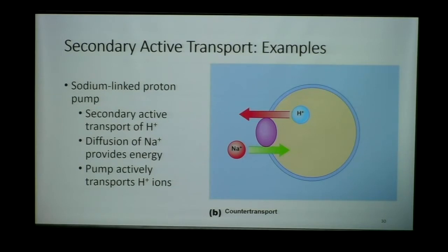And now in this example, the sodium-linked proton pump, because the movement is happening in 2 different directions, we sometimes call this counter-transport. Okay, counter-transport. So don't get too confused with the terminology. Co-transport, counter-transport, they're all forms of secondary active transport. Secondary meaning that we're not using ATP here, right? But we're using or harnessing the energy as another molecule moves down its gradient.